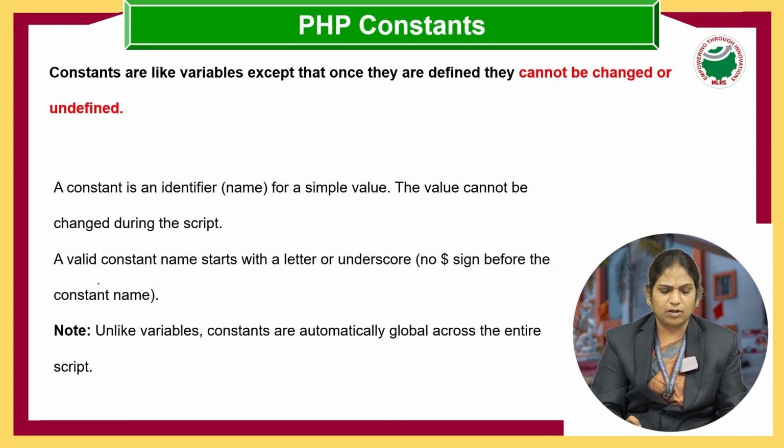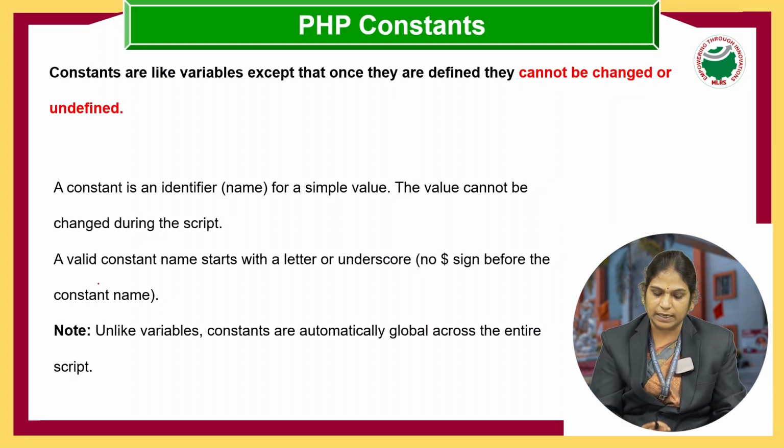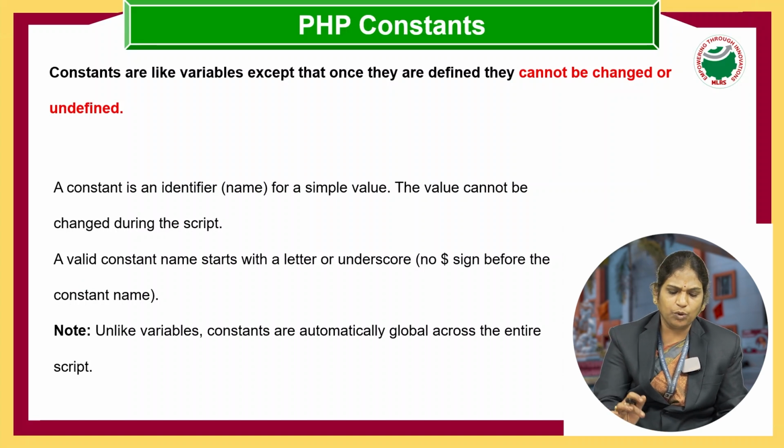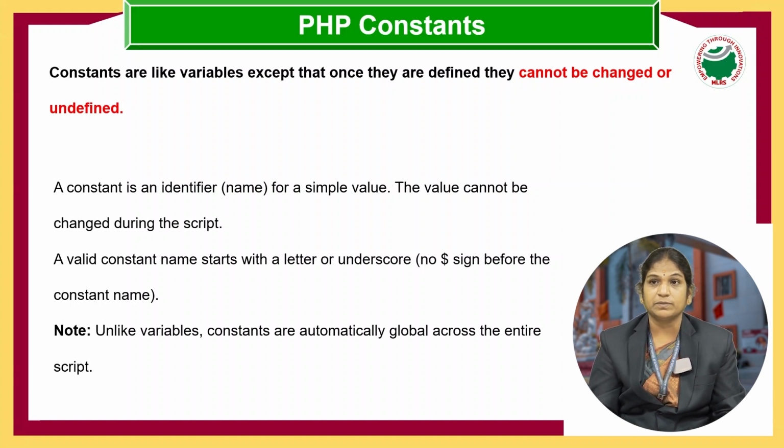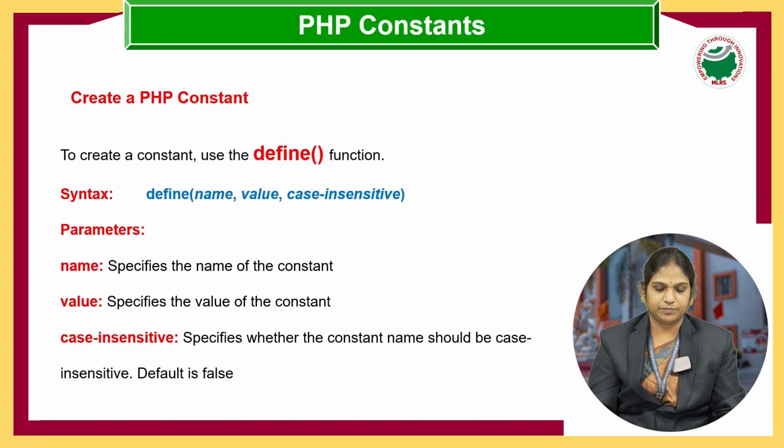So a valid constant name starts either with a letter or underscore, and there is no need to prefix the $ sign before the constant name. Whereas variable names are going to be prefixed with a $ sign, constant names cannot be prefixed with the $ sign.